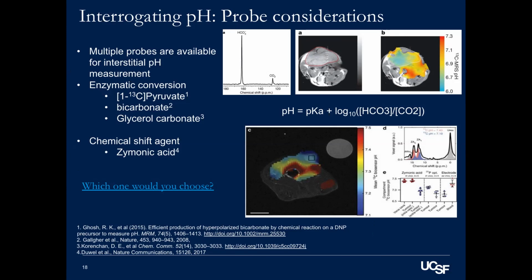So first it goes through the blood and it's buffered before it gets to your site of interest. But that is a very good question considering the amount of hyperpolarized substrates that we normally inject. You don't want to alter the equilibrium, the buffering capacity. You shouldn't exceed the buffering capacity of your system.